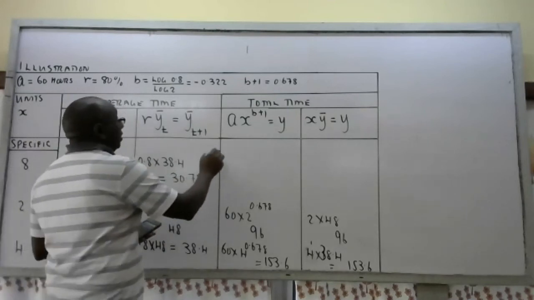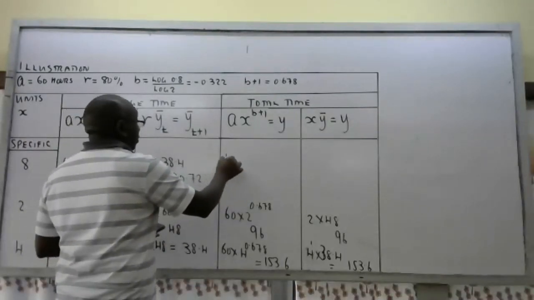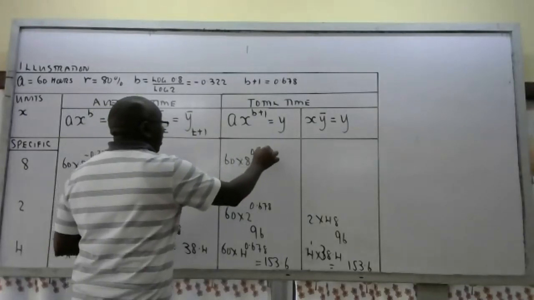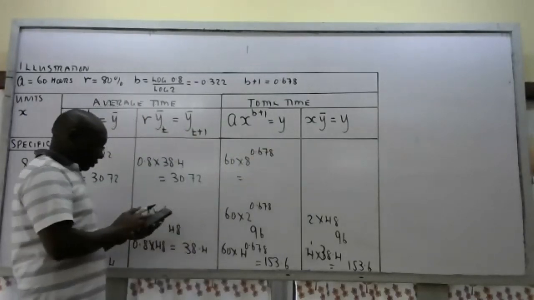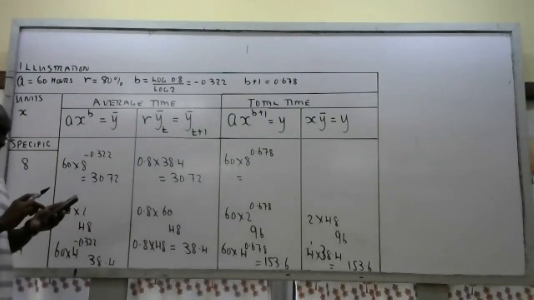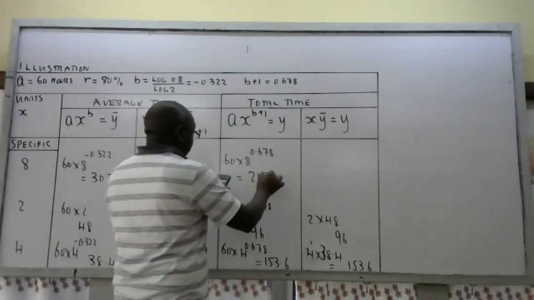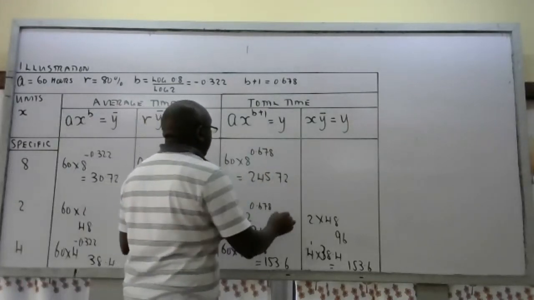And then this side, it will be 60 times 8 raised to power 0.678. So 8 raised to power 0.678 times 60. I'm getting 245.72.